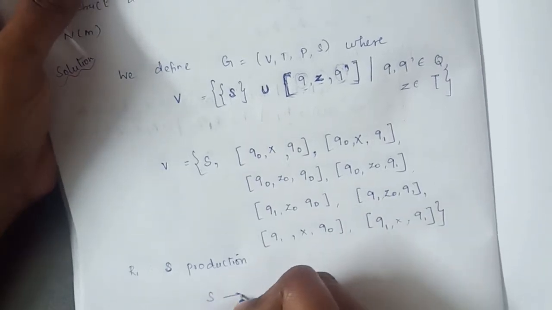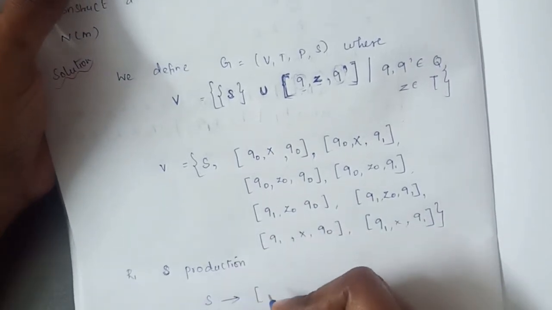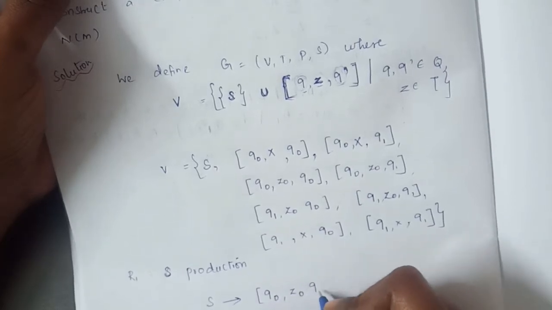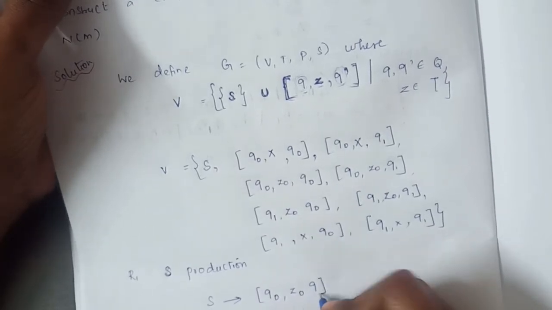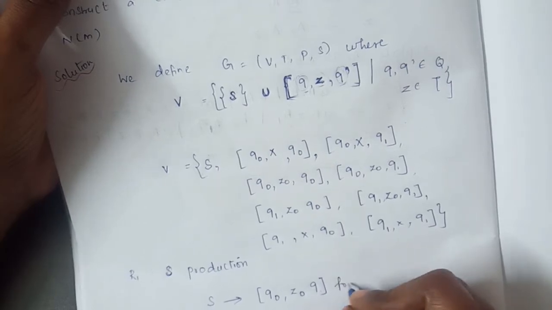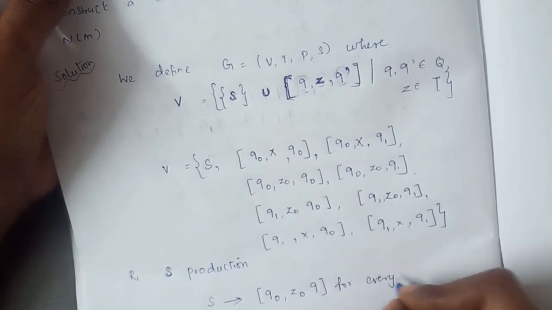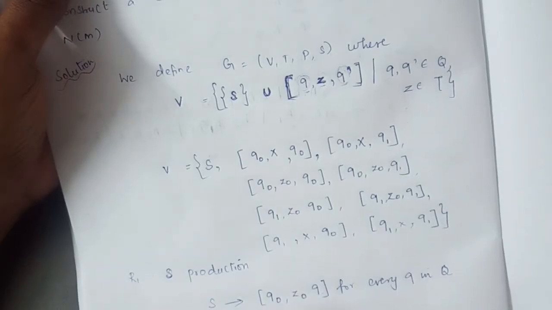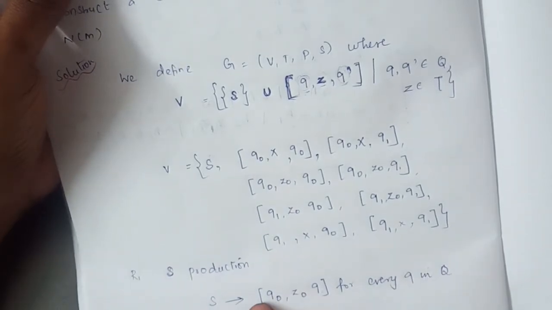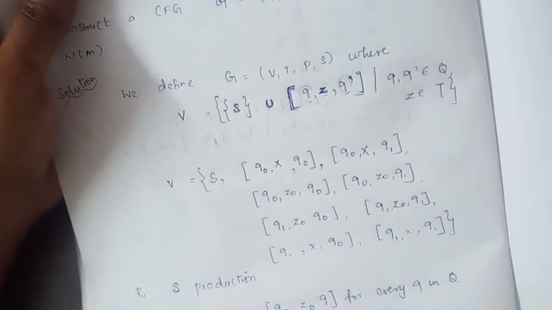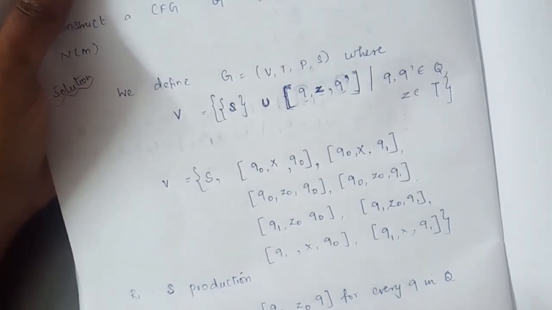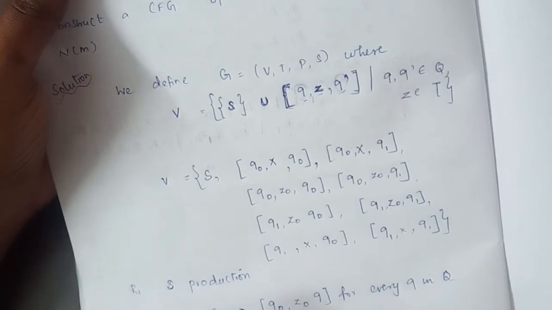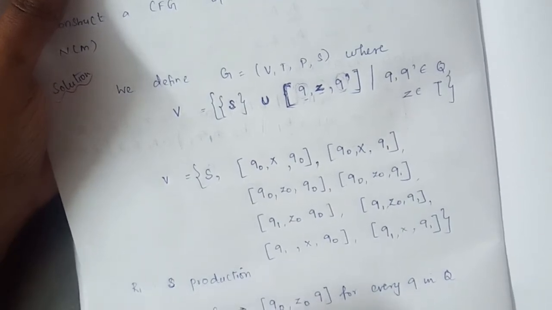So S tends to q naught z naught q, for every q in Q. For this we have two combinations available.